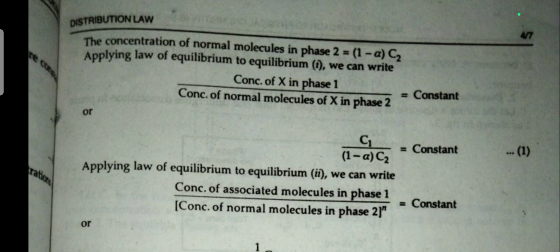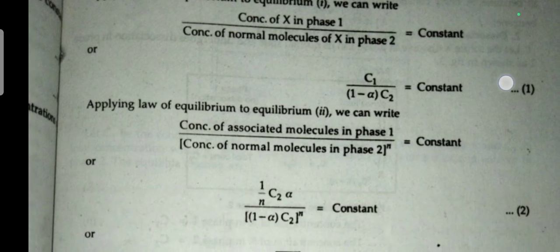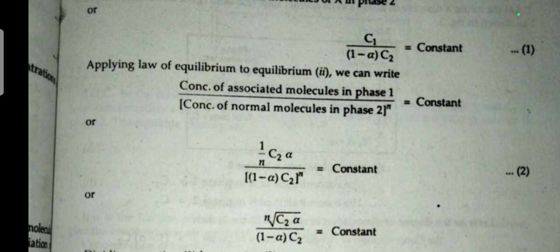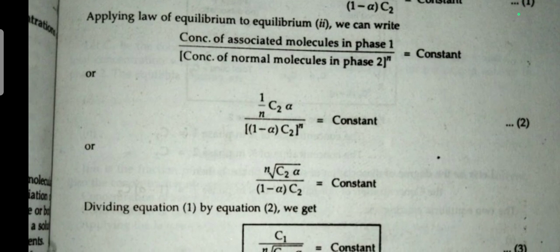Applying law of equilibrium to the second equilibrium, we can write concentration of associated molecule in phase 2 upon concentration of normal molecule in phase 1 raised to power n is equal to constant, or (1/n) C2 alpha upon ((1 minus alpha) C2) raised to power n is equal to constant.